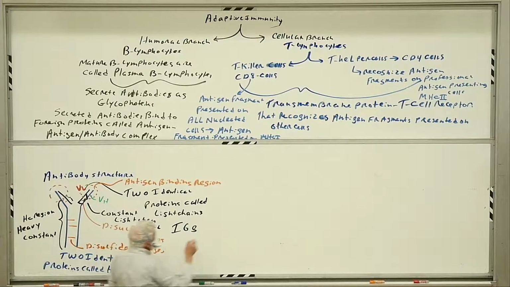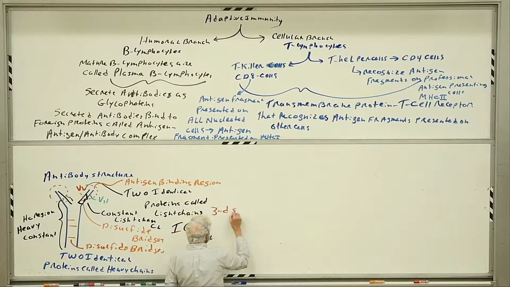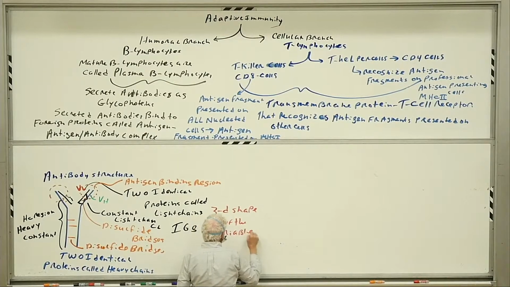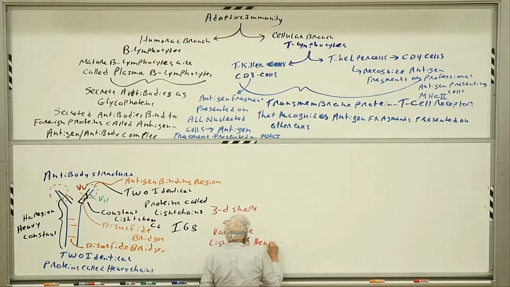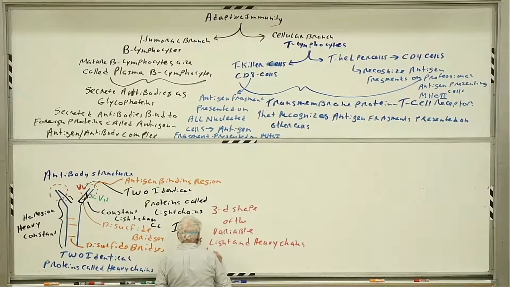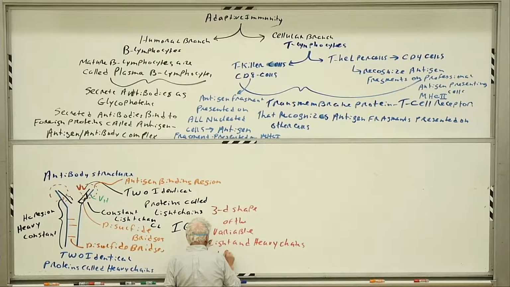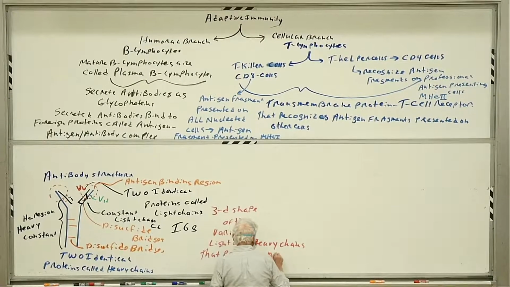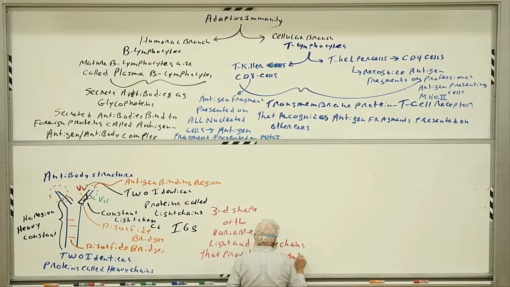But it's the 3D shape of the variable light and heavy chains that provides antibody specificity.